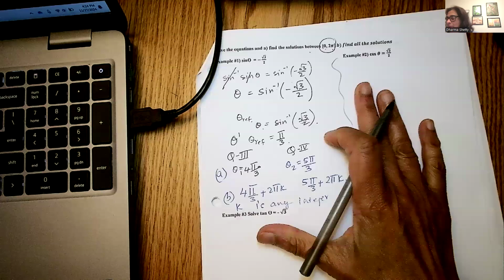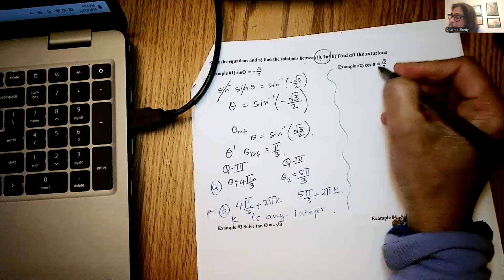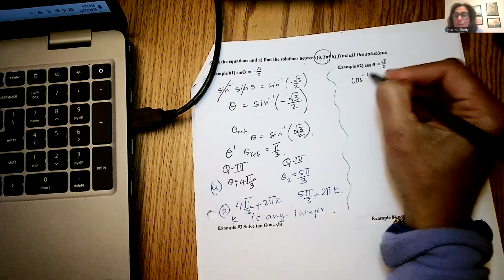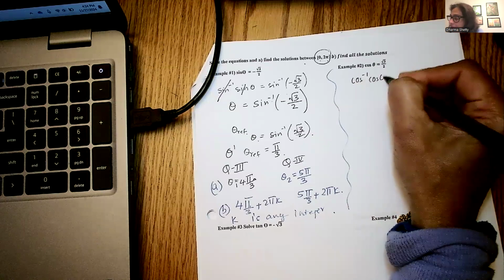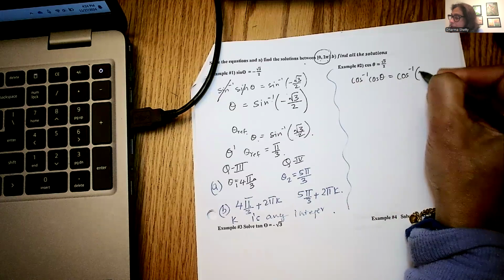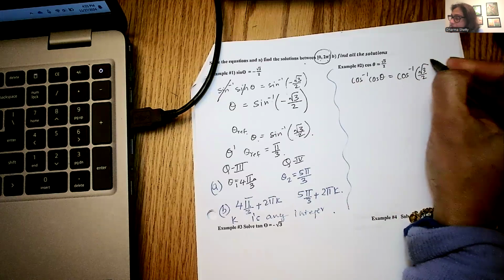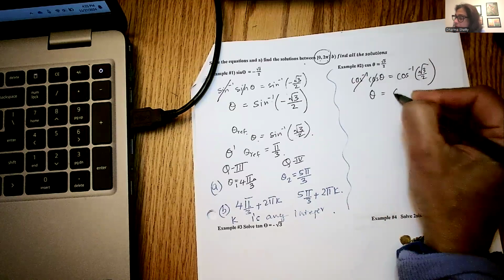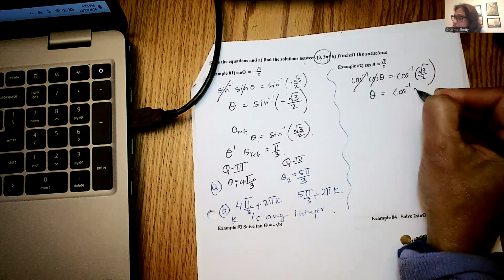So the same thing we will do here. We will take the inverse of both sides. So cosine inverse, cosine theta, and cosine inverse of square root of 3 over 2. So this cancels off. So theta is cosine inverse of square root of 3 over 2.